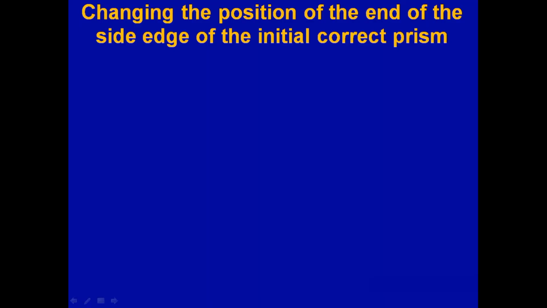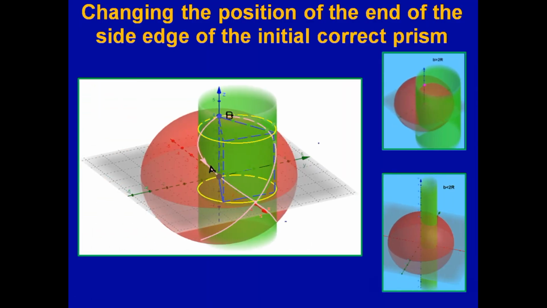So, for a right prism, if the length of the lateral edge b is fixed, and the length of the lateral edge is equal to the diameter of the circle described around the base, when the upper base is turned, the end of the lateral edge is displaced along the Viviani curve.